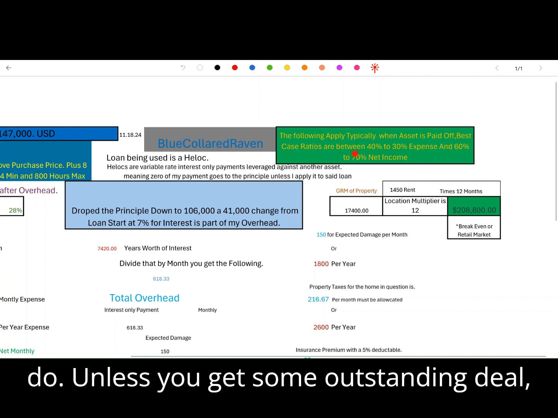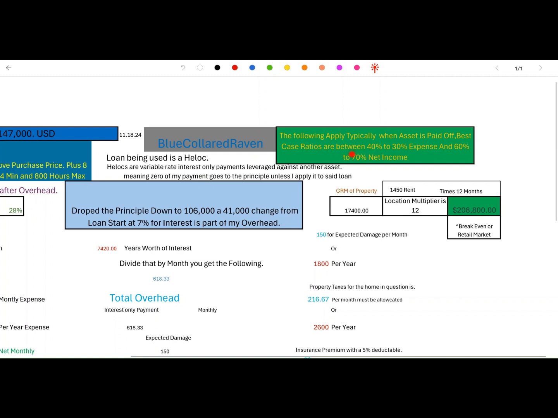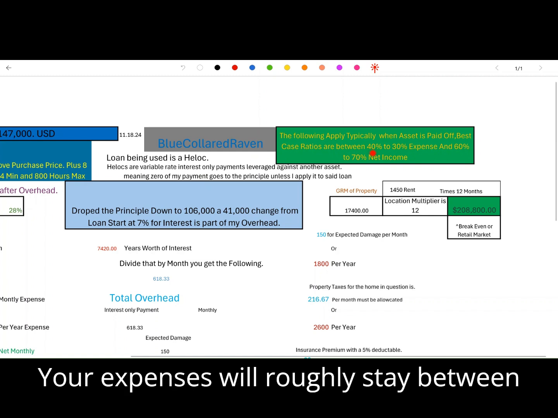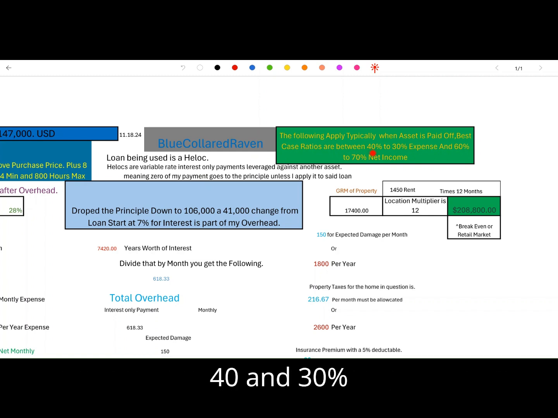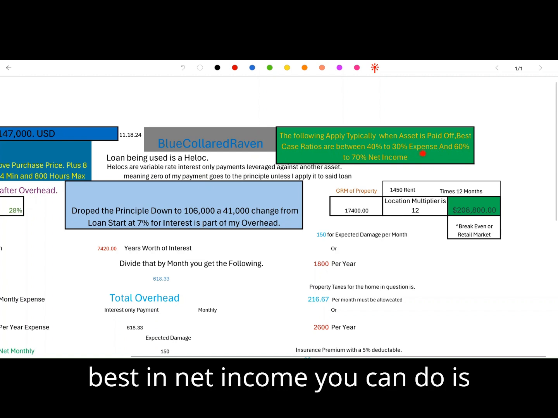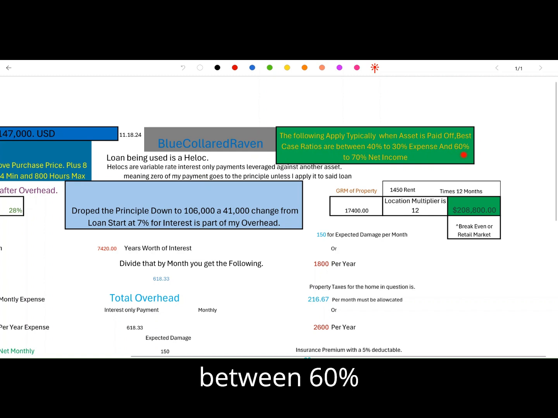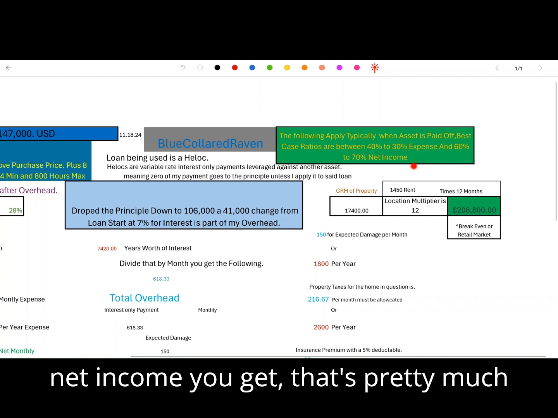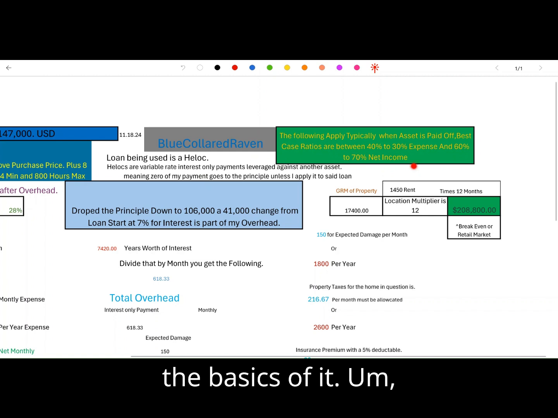Unless you get some outstanding deal, this is basically the best you can do. Your expenses will roughly stay between 40 and 30% expenses, meaning the best in net income you can do is between 60% to 70%. Basically, the less expenses, the more net income you get. That's pretty much the basics of it.